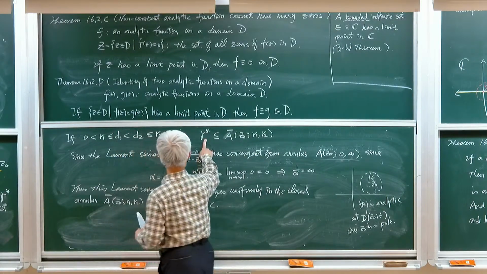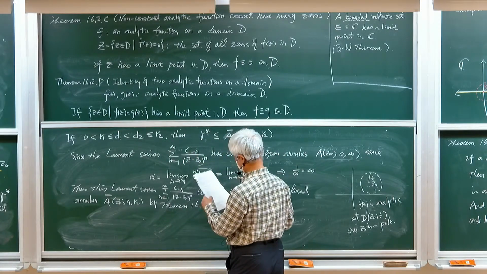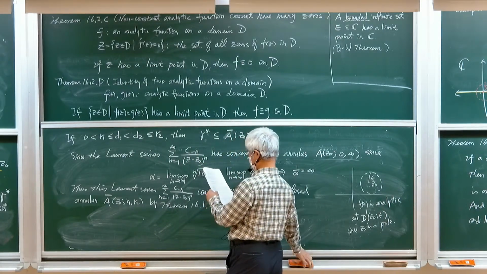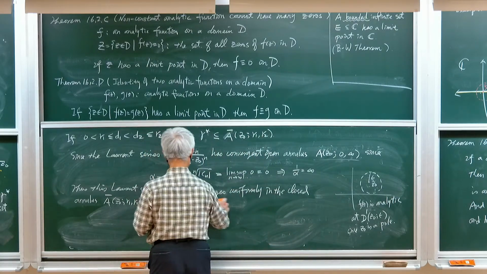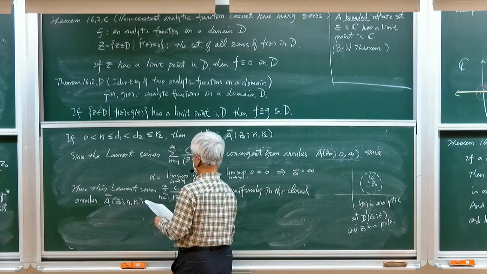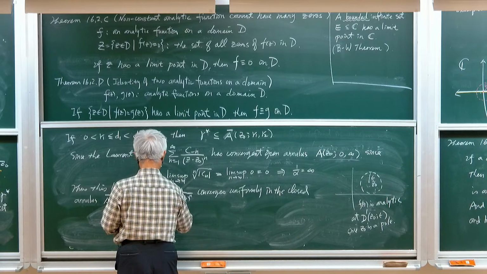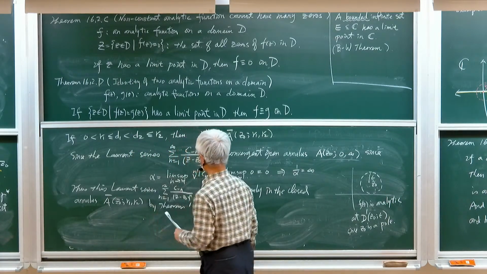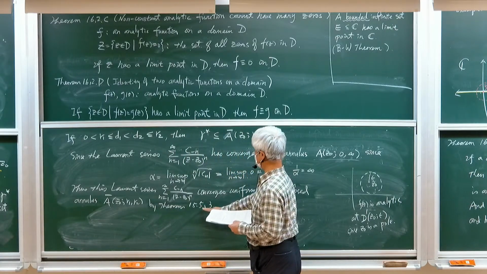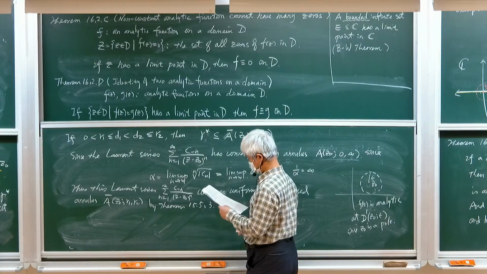Because gamma star is a subset, I think this is from 15.5.3, because we consider uniform convergence in section 15.5.